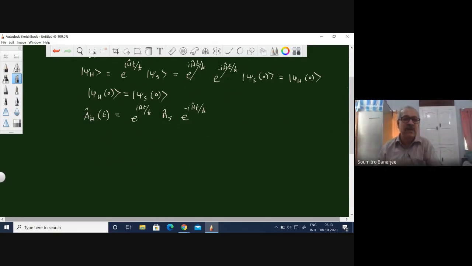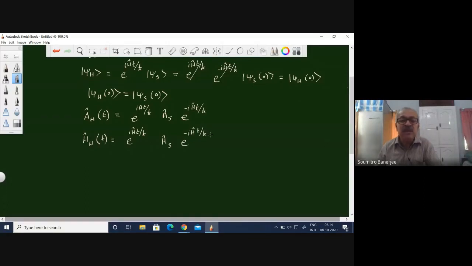The Hamiltonian in the Heisenberg domain will be e to the power i H t by h cross, the Hamiltonian in the Schrodinger domain, e to the power minus i H t by h cross.